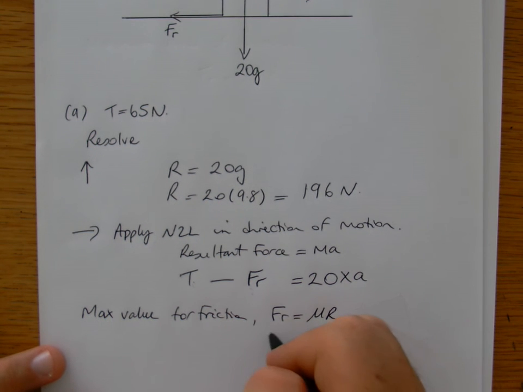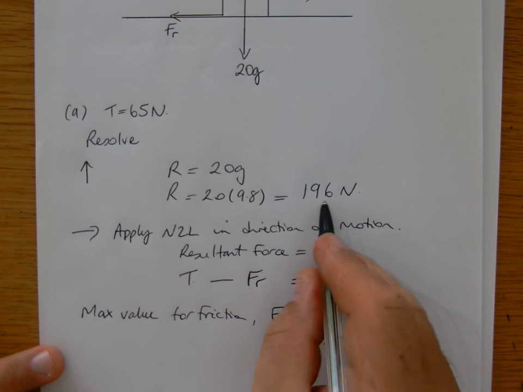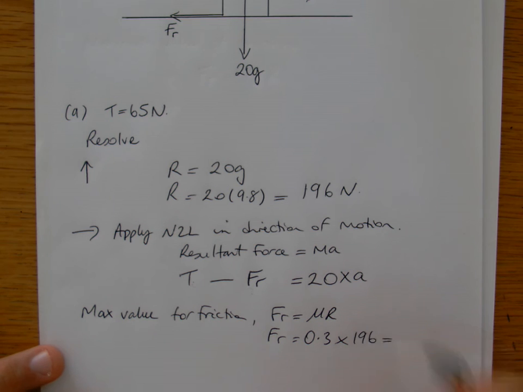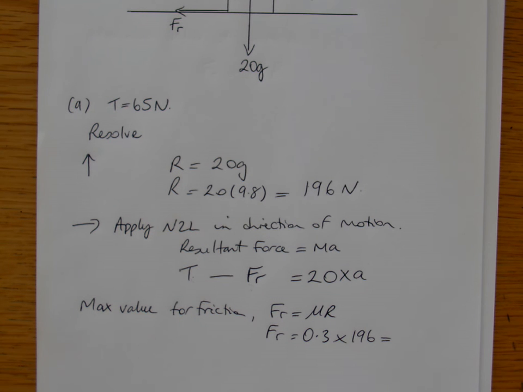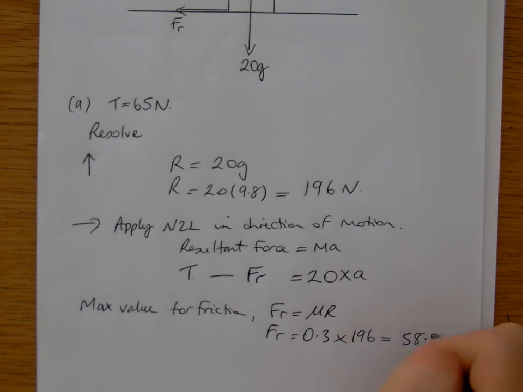The coefficient of friction is 0.3 and R is 196. If I work that out, I get 58.8 newtons.